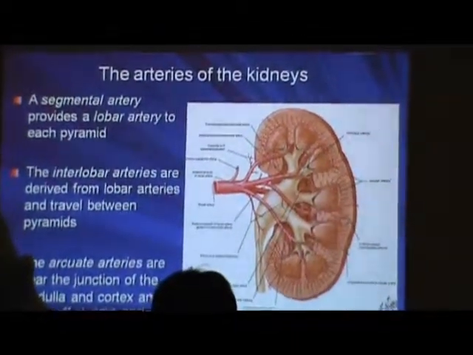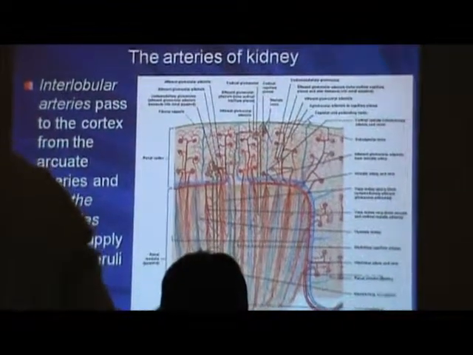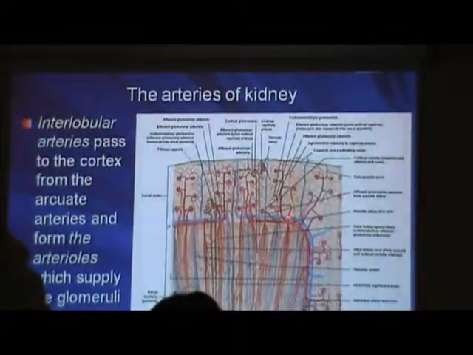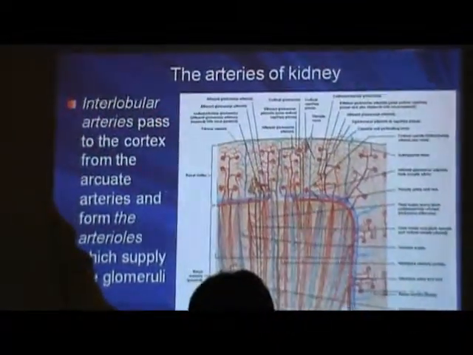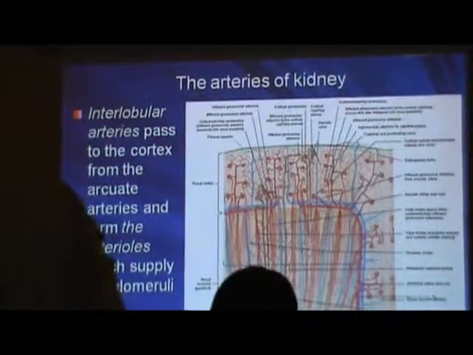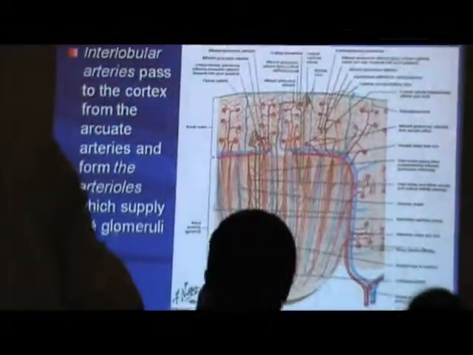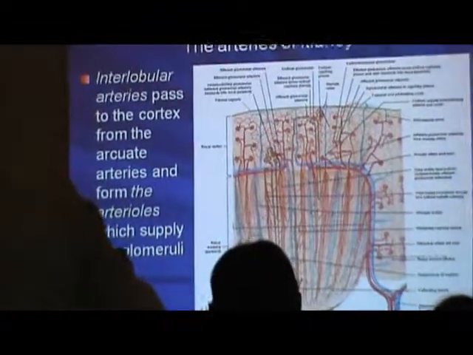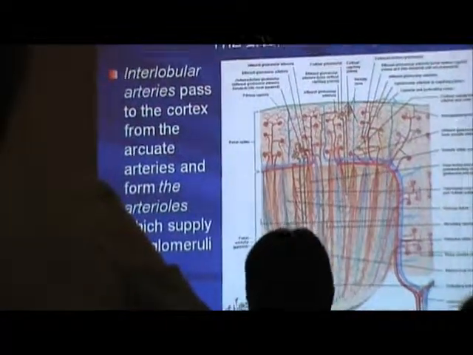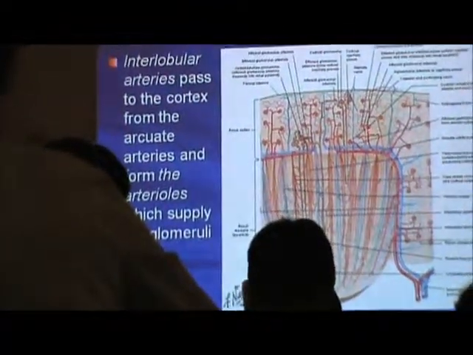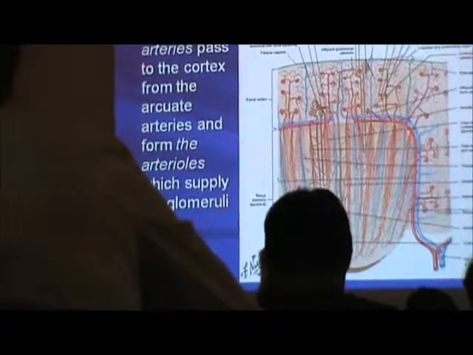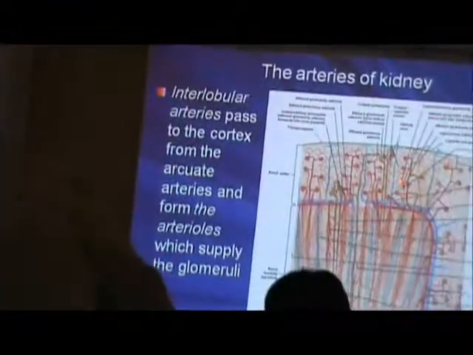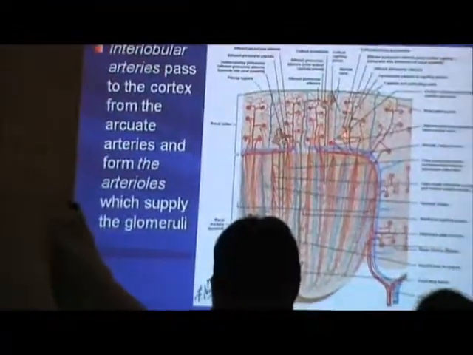Let's go to the next. From the arcuate arteries come the interlobular arteries. There were the interlobar and now the interlobular. So this is the difference: interlobular means they are much smaller than interlobar. Interlobular arteries pass to the cortex from the arcuate artery and form the arterioles which supply the glomeruli.